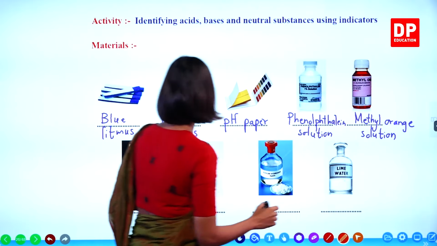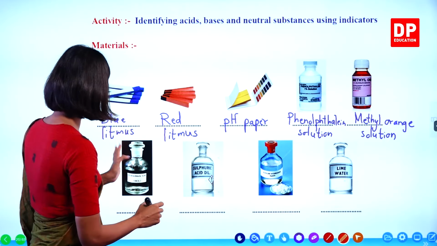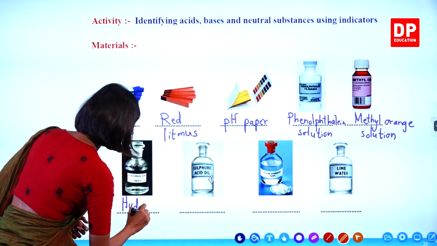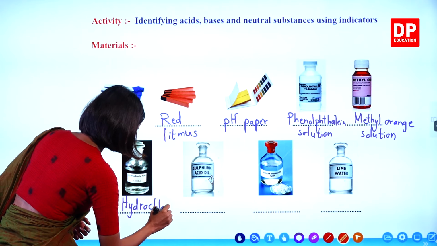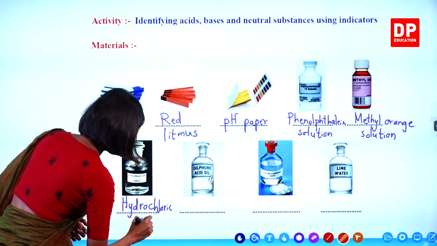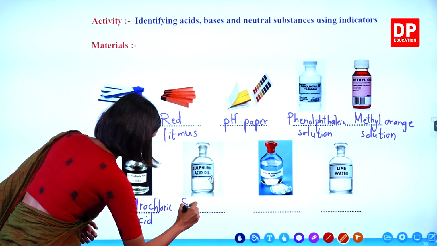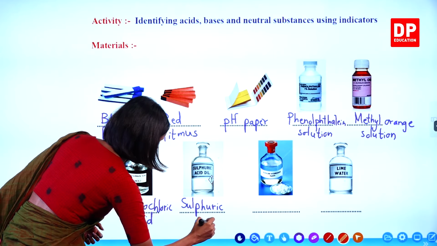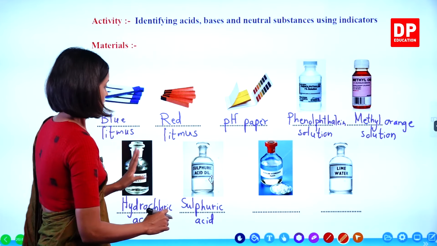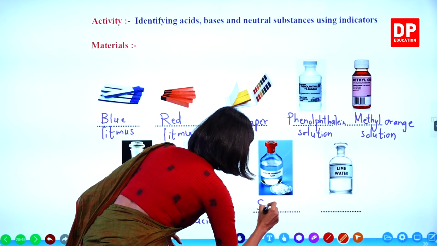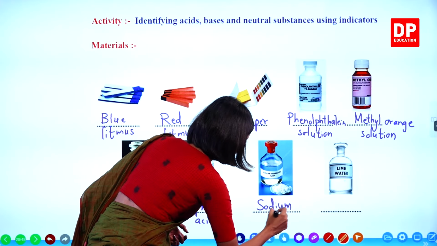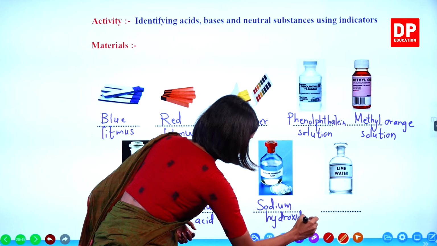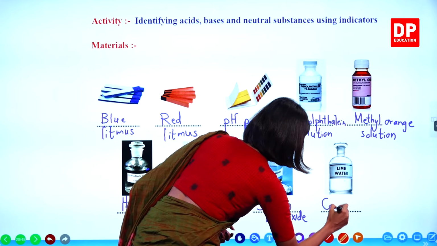As indicators, we use these 5 different types of substances, and hydrochloric acid, sulfuric acid, and sodium hydroxide, and calcium hydroxide.